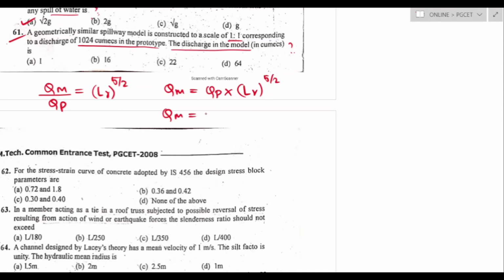The prototype discharge is 1024, and the length ratio, correcting the scale to 1:16 because there is a printing mistake, is 1 by 16 to the power of 5 by 2. So we get the model discharge as 1 cumec. Option A is the right answer.